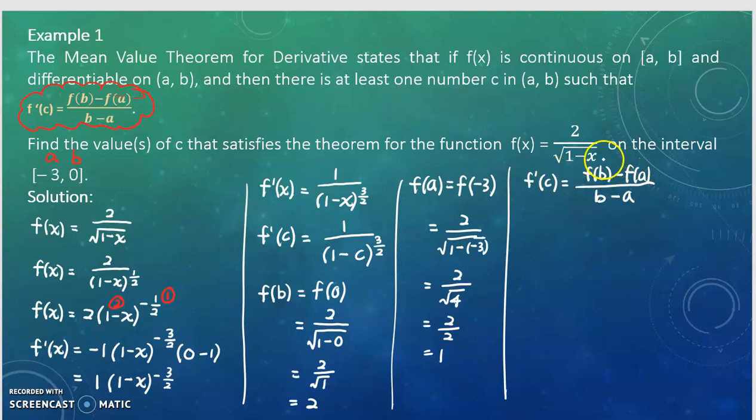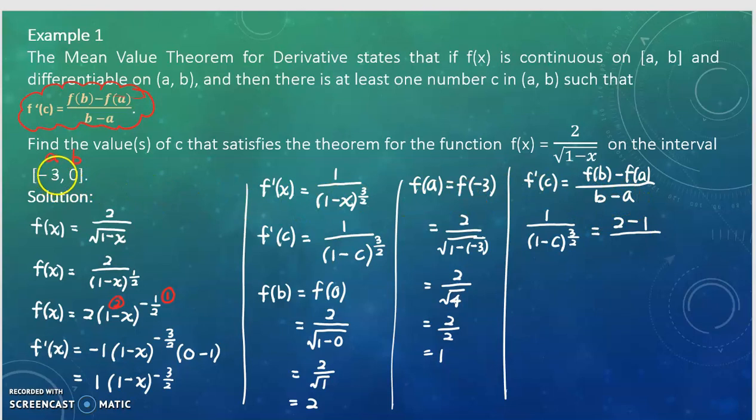So f'(c) is 1 over (1 minus c) to the power of 3 over 2, equal to f(b), which is 2, minus f(a), which is 1, over b minus a.